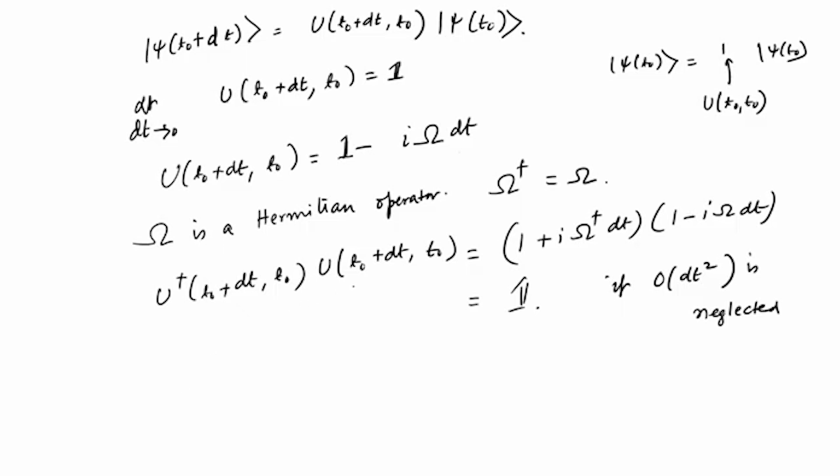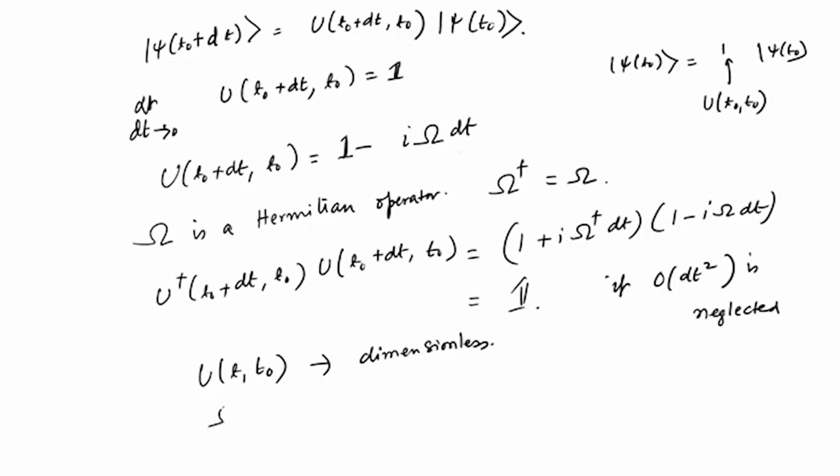So U of t, t0 is really dimensionless, and if that is true between any two times, then of course your omega has to have the dimension of inverse of time, which is known as a frequency.